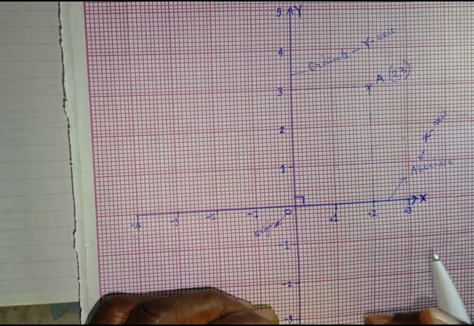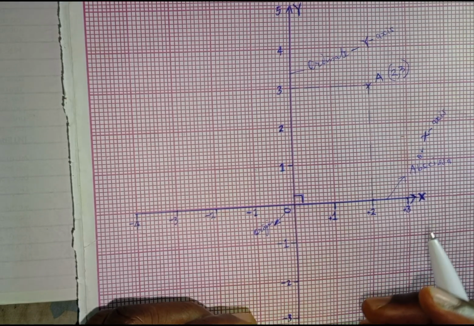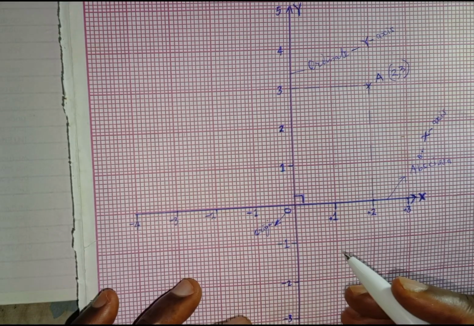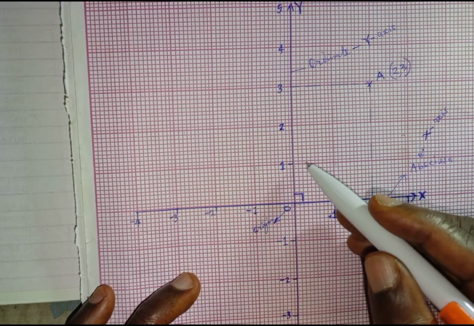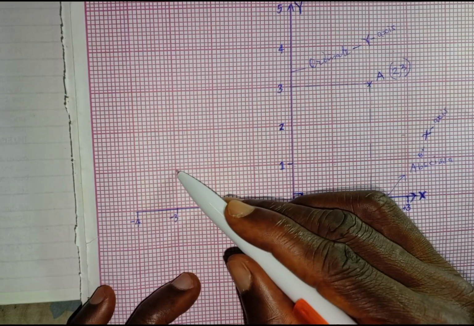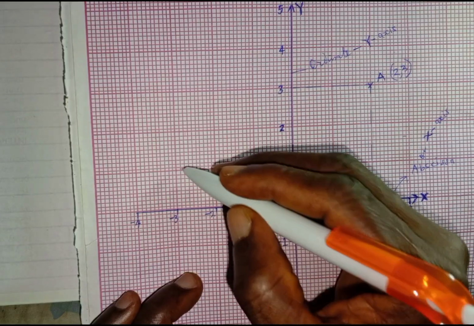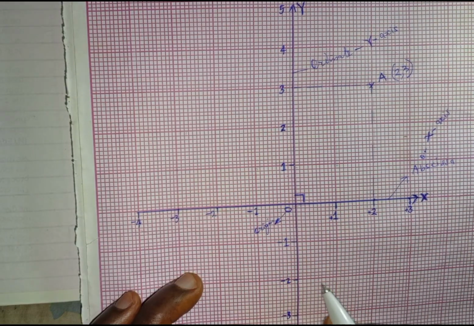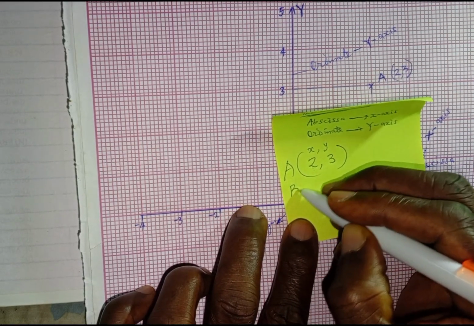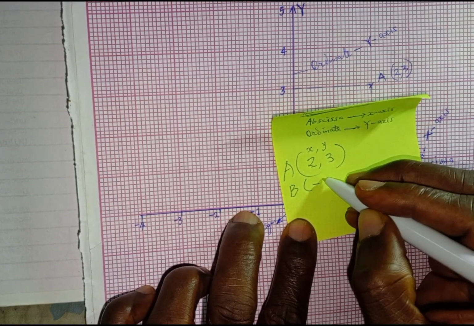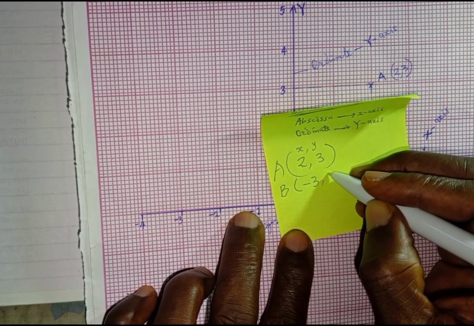Let us trace another point, point B. Let's put it somewhere around here. If we are creating a point there, let us assume point B is -3, because -3 is on the x-axis, and +1.